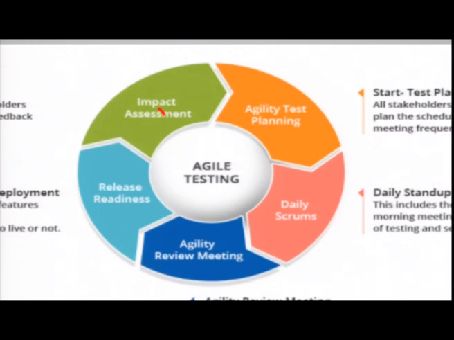So, my dear viewers, the Agile testing life cycle is broadly classified into 5 groups: agility test planning, daily scrum, agility review meeting, release readiness, and the impact assessment.